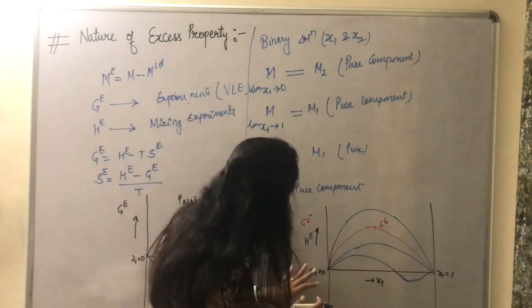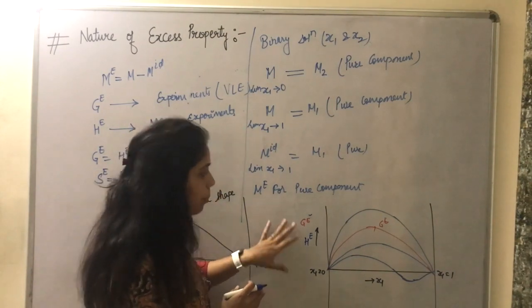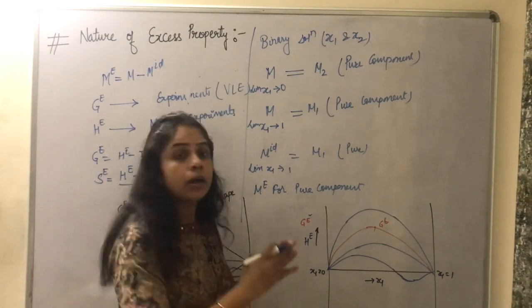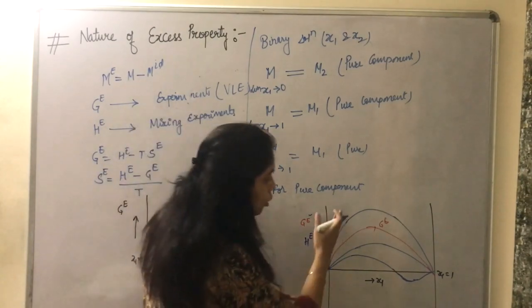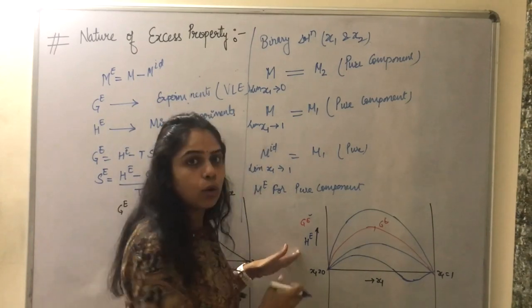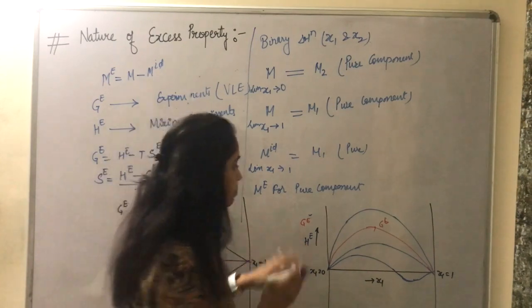So you can see over here, excess enthalpy with respect to excess Gibbs free energy shows lots of variation. आप यहाँ पर देख रहे हो बहुत सारे variations दिख रहे हैं जब आप excess enthalpy को draw कर रहे हो with respect to excess Gibbs free energy.